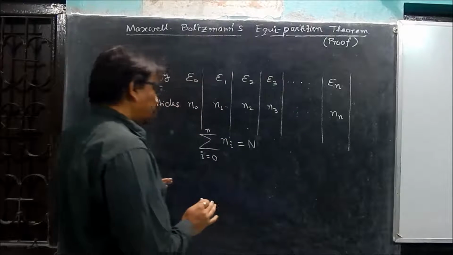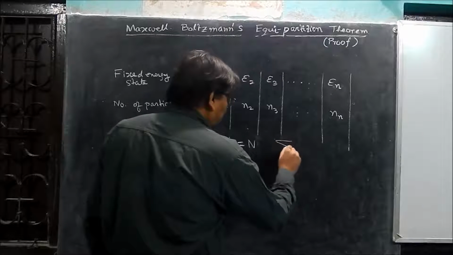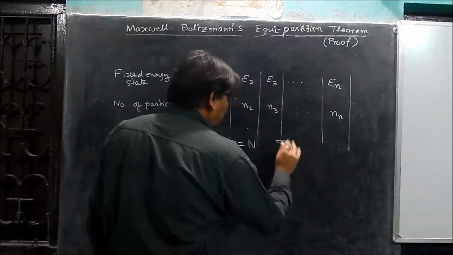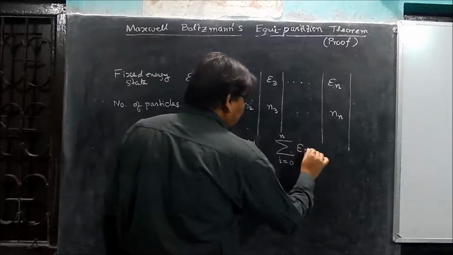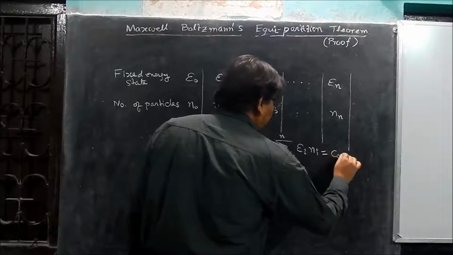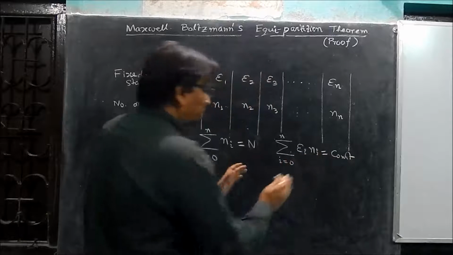And the other thing is the total energy of the system, that is, the summation from i equal to 0 to n of Ei ni, and that is equal to a constant, because this is the total energy of the system.